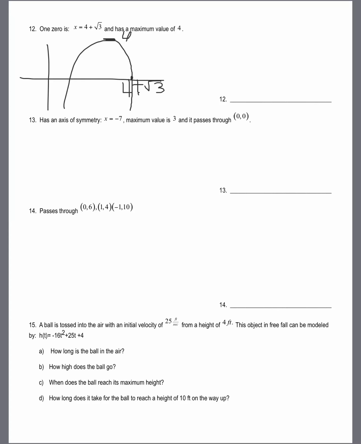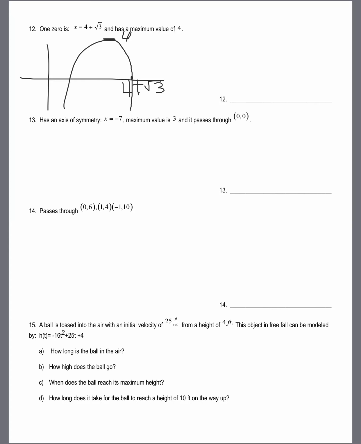Let me just look at my key. Oh, see, on the notes I say that the maximum value is at 4, but how did I know that? Oh, I know. Okay. Never mind. Sorry. Early in the morning.